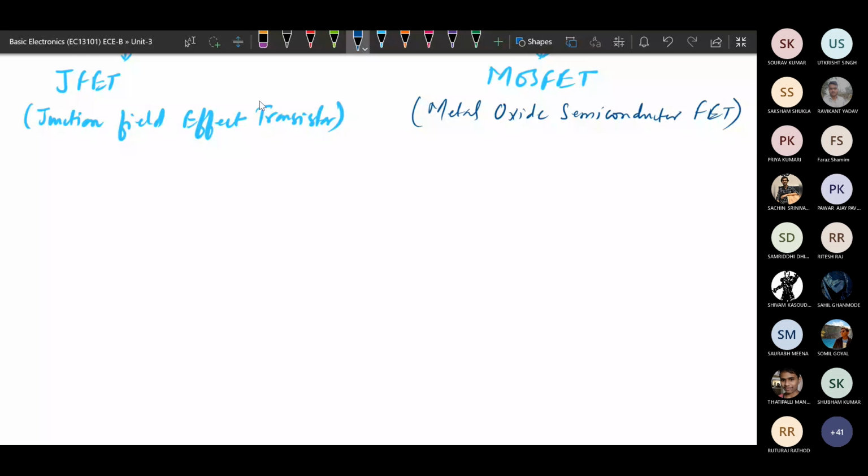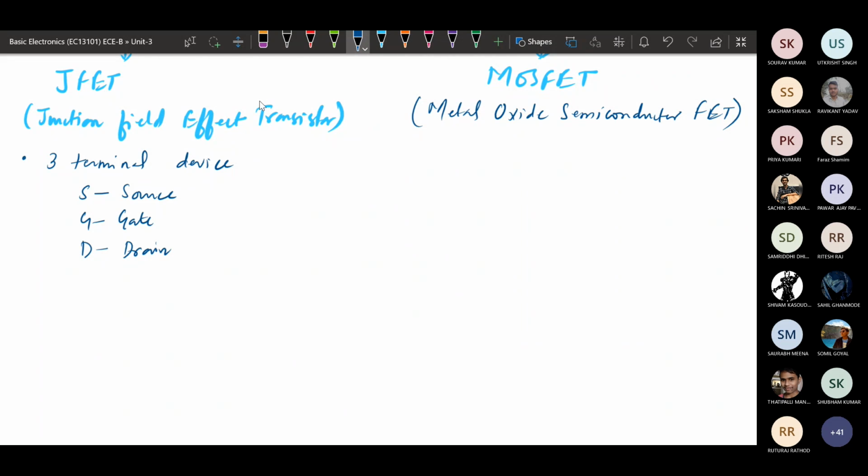Okay, so we can have a short note on these devices. FETs are of three-terminal type in the case of the JFET. The three terminals are the source, S for source, G for gate, and D for drain. So there are three different terminals.